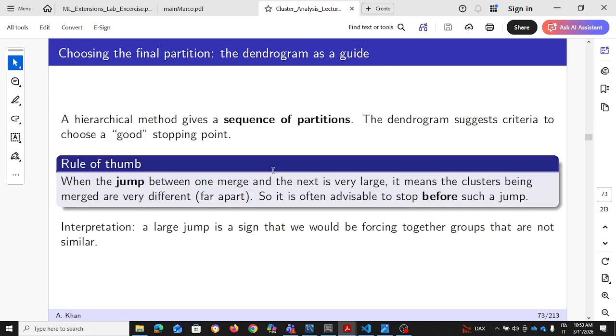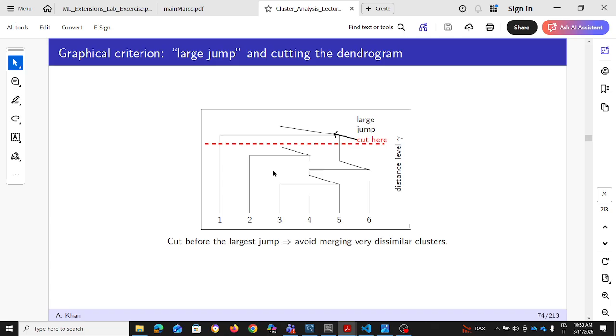So in practice, the dendrogram can give us a hint about this. Okay, and what's that hint? The hint is, if you're making a jump, if you're making a new cluster, in this case, for example, the last one, between this cluster and cluster number 1, if you see the distance is huge, so the jump is big, okay? From one cluster to another cluster, the jump is big, the distance is big. What it means?